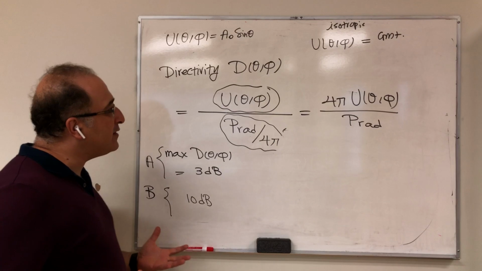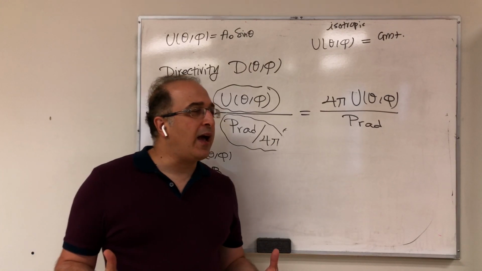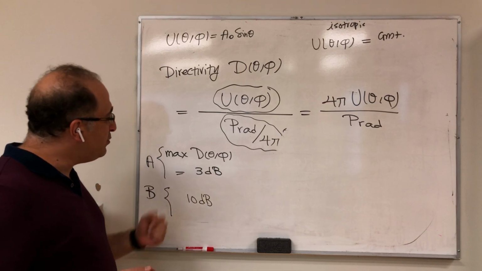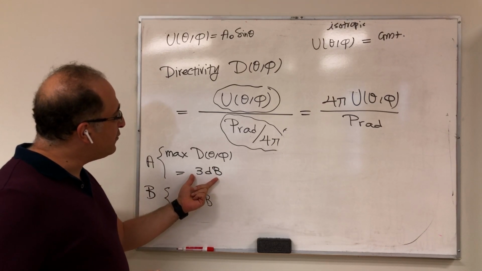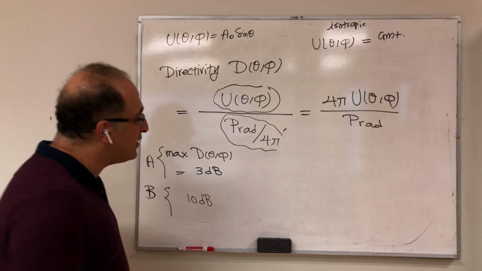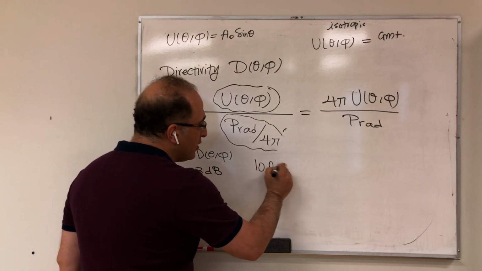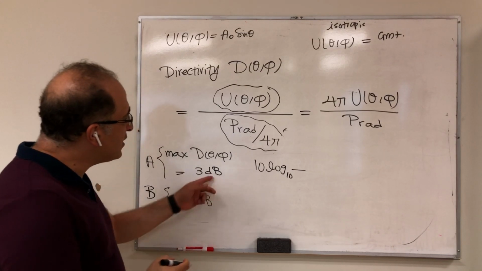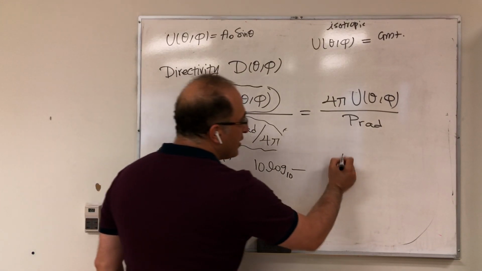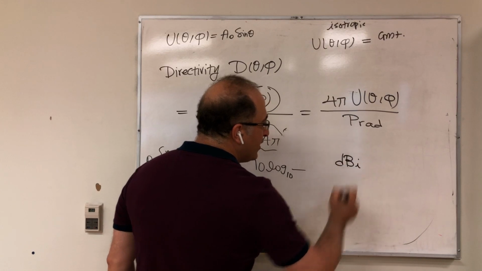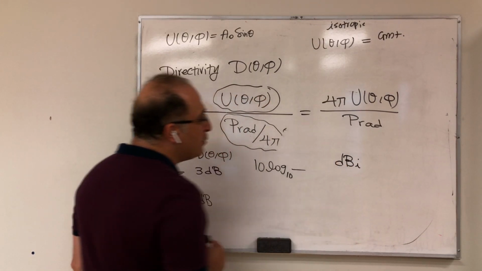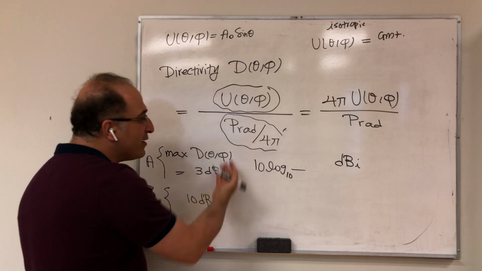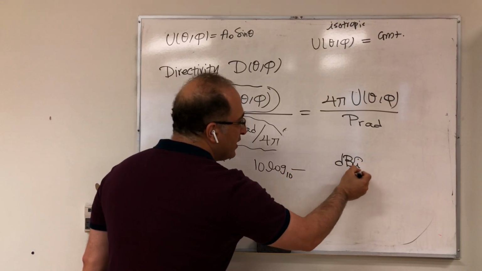So this is the directivity, and usually directivity is expressed in terms of dB, but if you want to do that, of course, you need to take 10 log base 10. Sometimes instead of dB, some people might write it as dBi, and this small i here means it's a dB, but it's been done in comparison with an isotropic antenna.